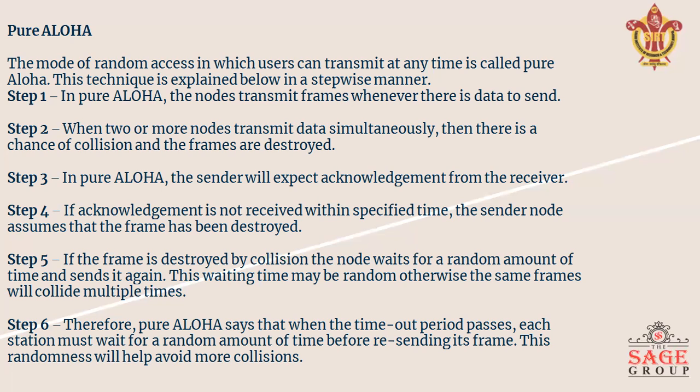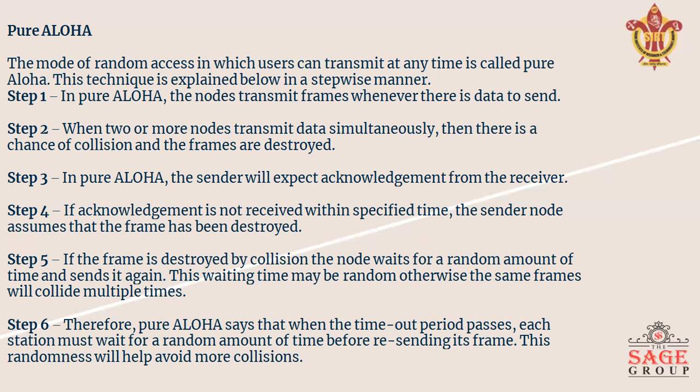That means whenever the data is sent, the sender waits for an acknowledgement. If the acknowledgement is not received, the sender node assumes that the frame has been destroyed and resends the data again.